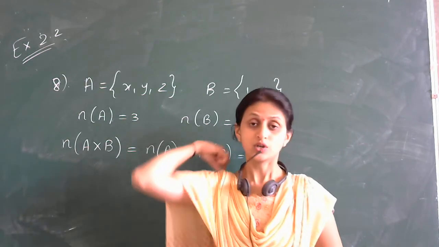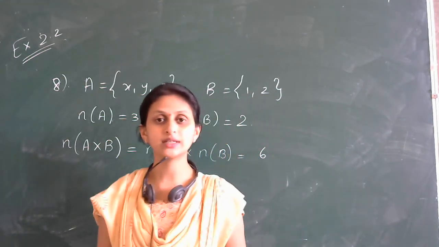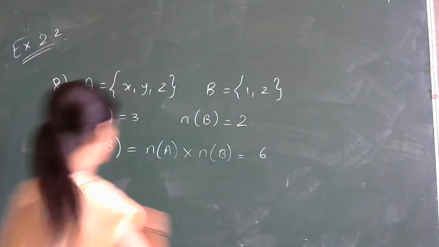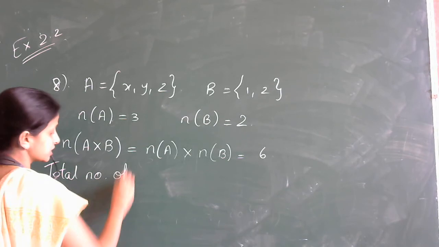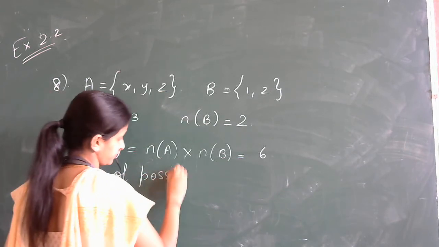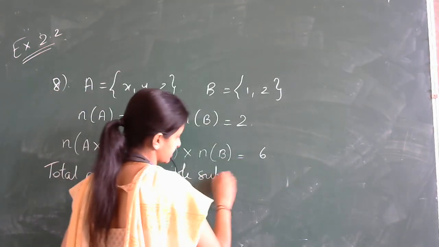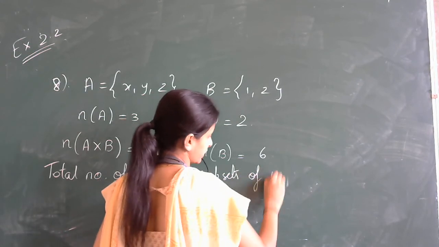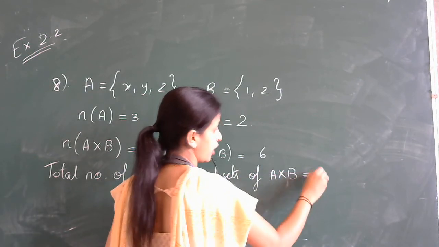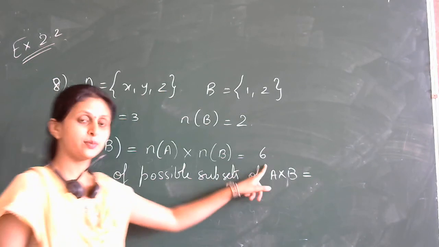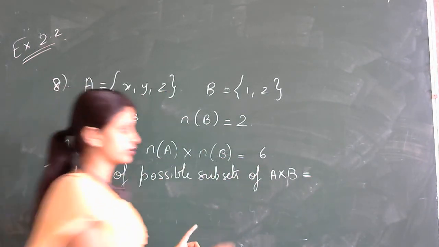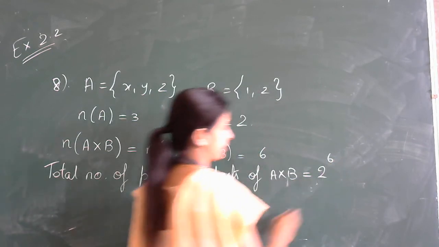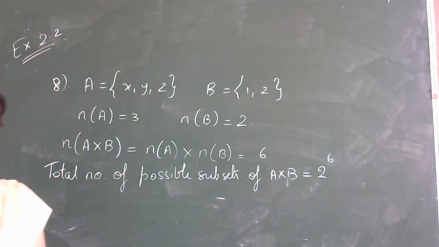Right, students? So when we have 6 elements in the Cartesian product, the total number of possible subsets of the Cartesian product will be equal to 2 to the power 6.